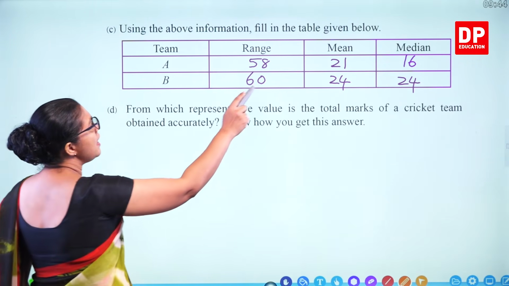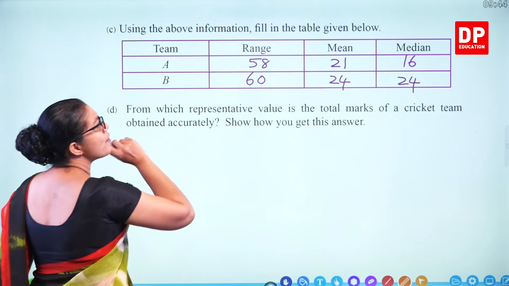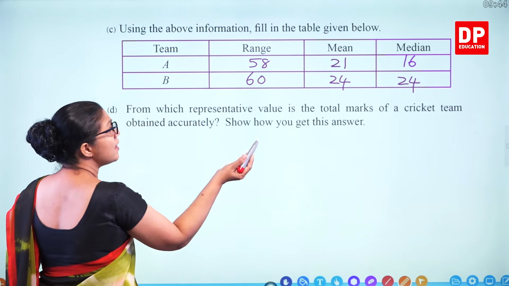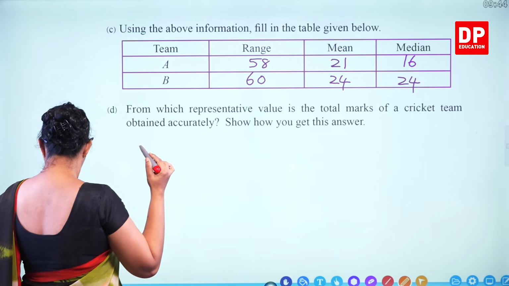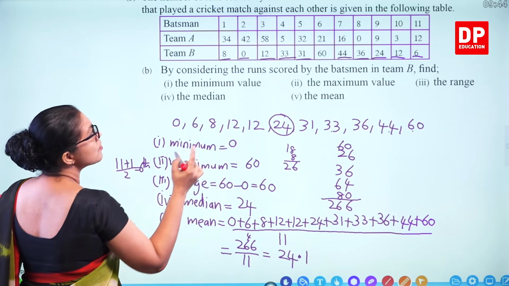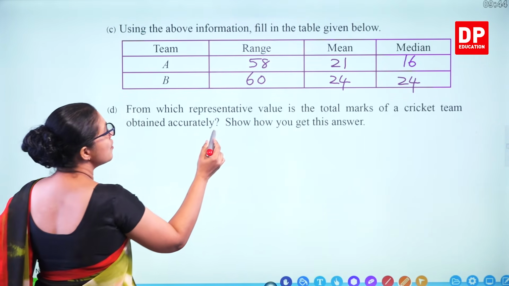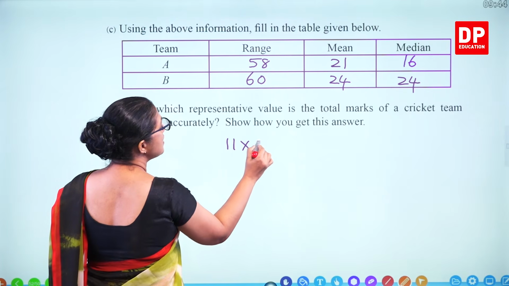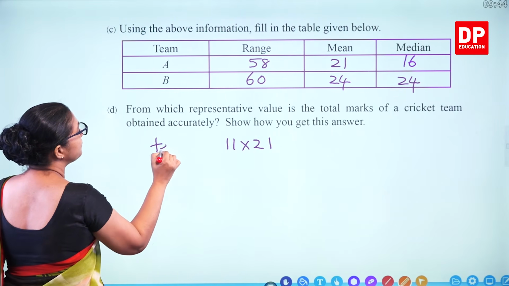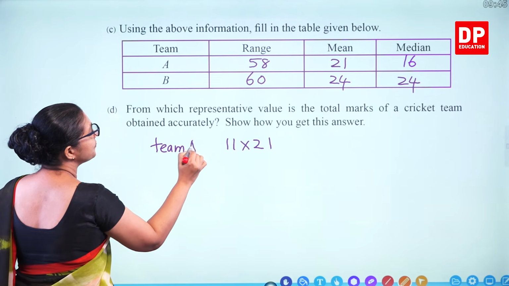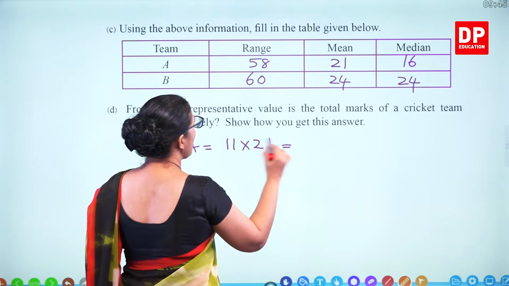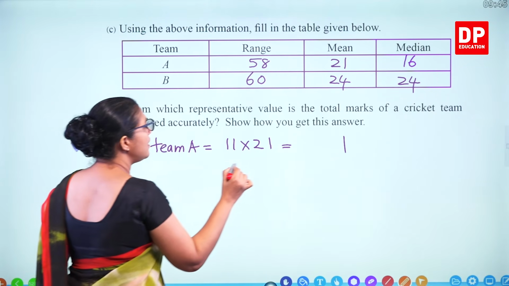So, mean number of runs is 21 for 11 players. So, 11 batsmen are there. So, 11 times 21, that's team A. That's the total mark. 11 times 1, 11.